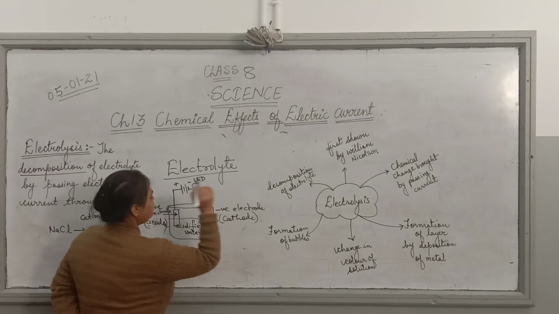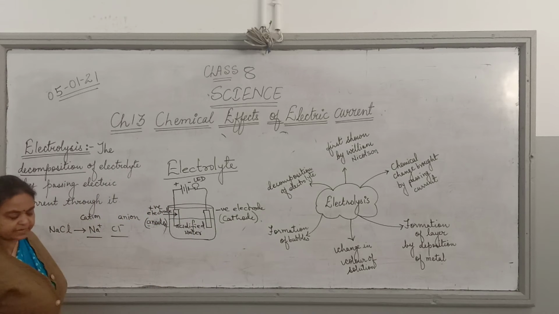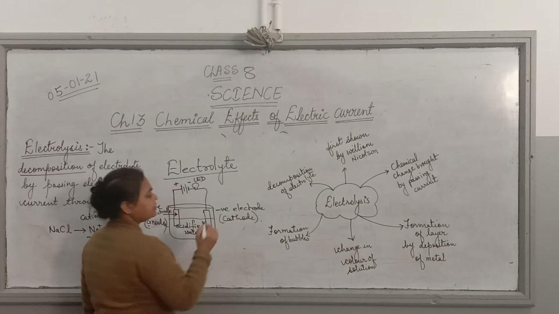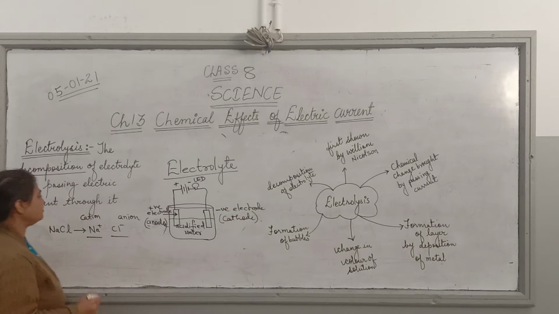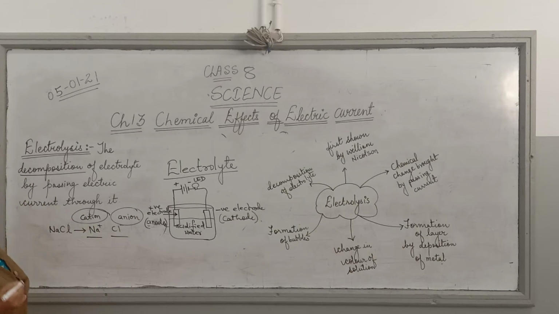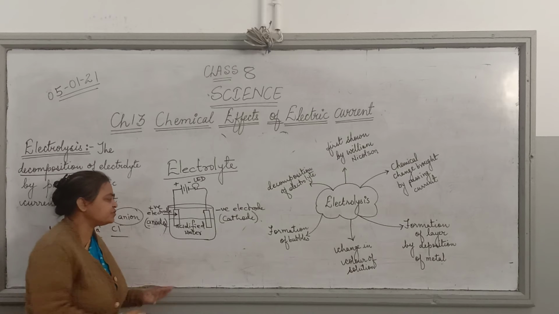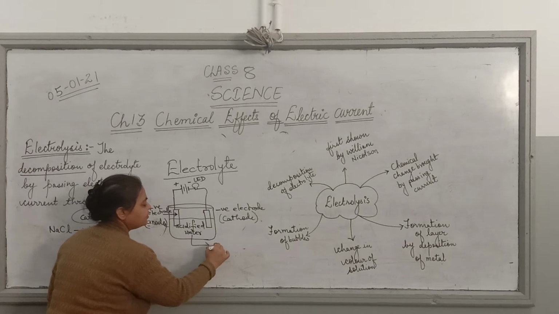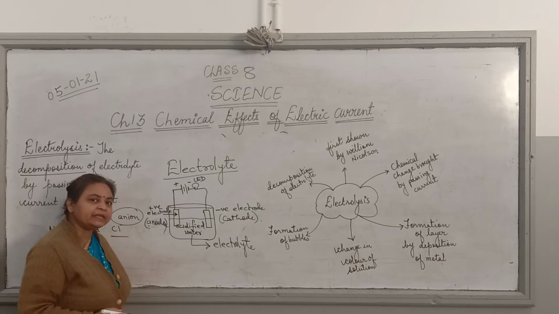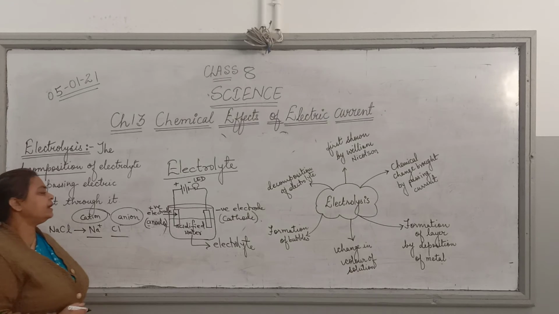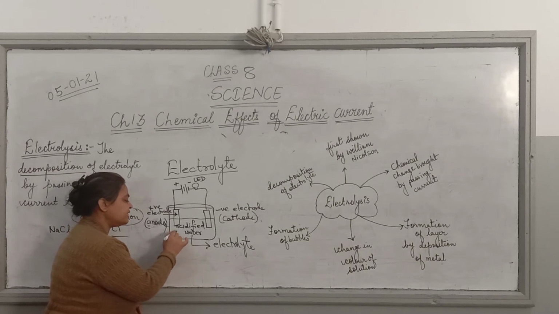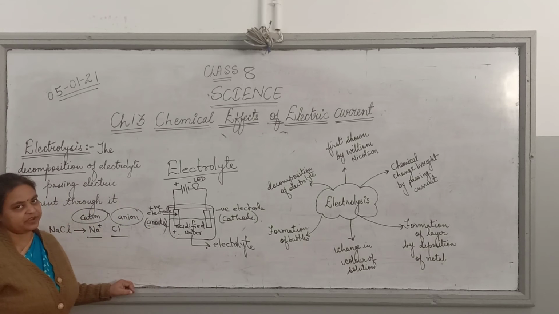Right? Now, why are these names anode and cathode given? Positive electrode is called anode, negative electrode is called cathode. That is depending on cation and anion. When electric current is passed through the electrolyte, this acidified water is the electrolyte. When we switch on the battery, we have positive and negative ions in the acidified water.